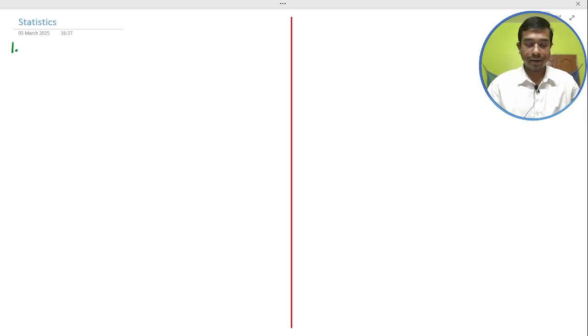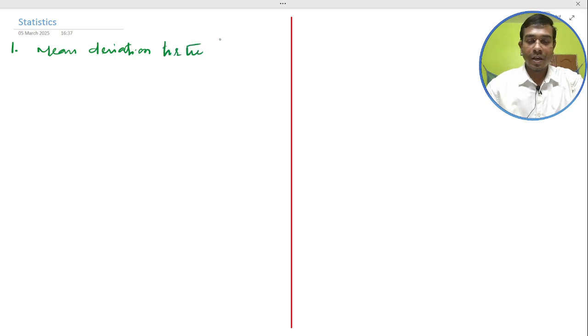The very important topic is mean deviation from grouped and ungrouped data. First of all, the mean deviation for the ungrouped data.